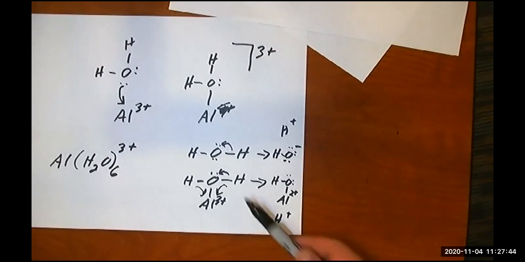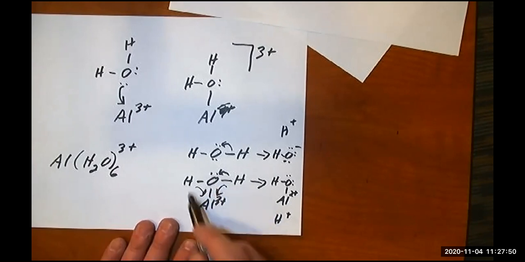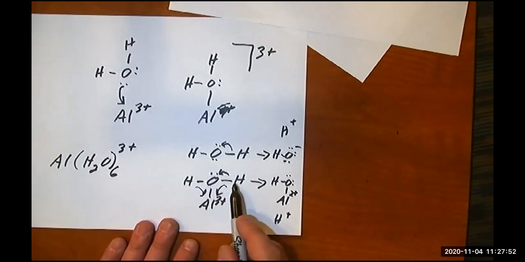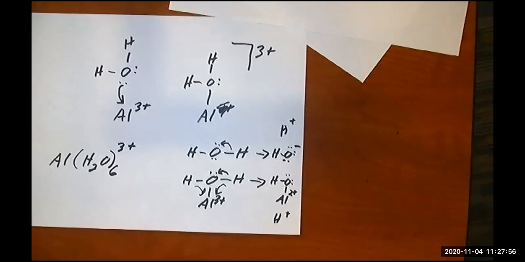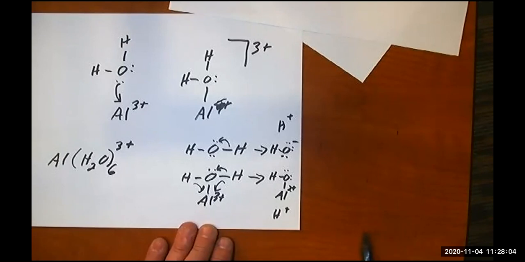And electrons are attracted to positive charges. And so because of that, in the bottom case here, the bond to that hydrogen is already weakened because the electron density is being shifted towards the metal ion. That makes it easier for the hydrogen to come off, making this species more acidic than water by itself. Does that general idea make some sense? Yeah.